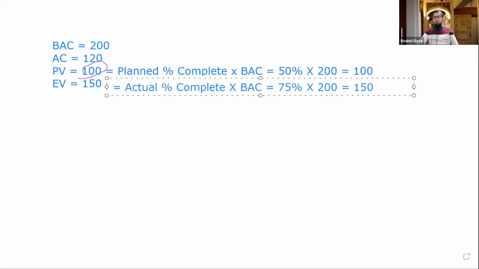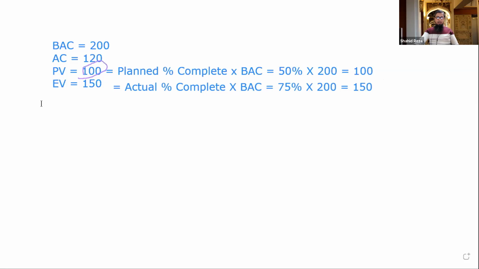This way we can calculate earned value and planned value. If the number is big, you can apply this formula to find the earned value as of the status date or data date. This is very important: which date are you measuring the progress on? Data date or status date. So we have got the values of all 4 variables.